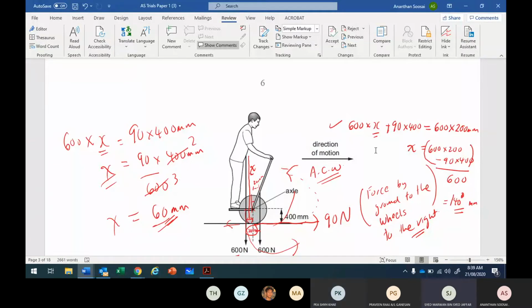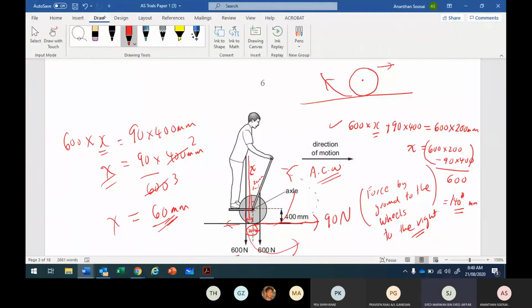Moment by the ground is... you see that this is the ground, this is the wheel. You want to move forward. It's pivoted here. The wheel rotates this way, right? Correct.